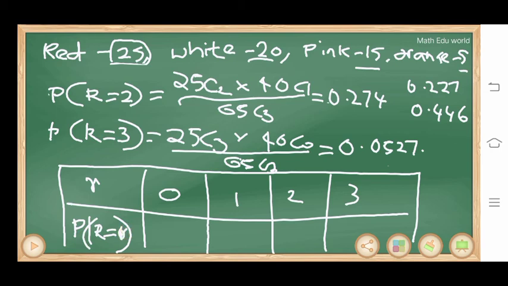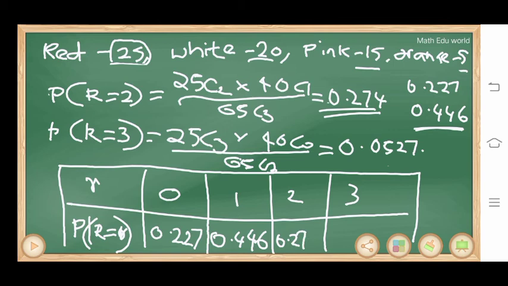When r is 0, we got it as 0.227. r is equal to 1, 0.446. r is equal to 2, 0.274. And the last value is 0.0527 as the result.